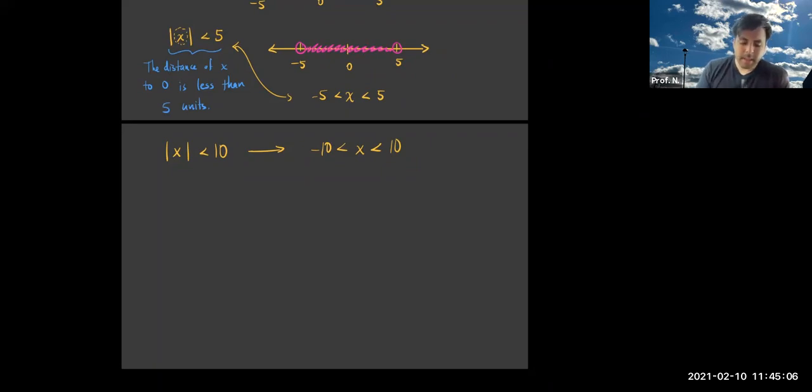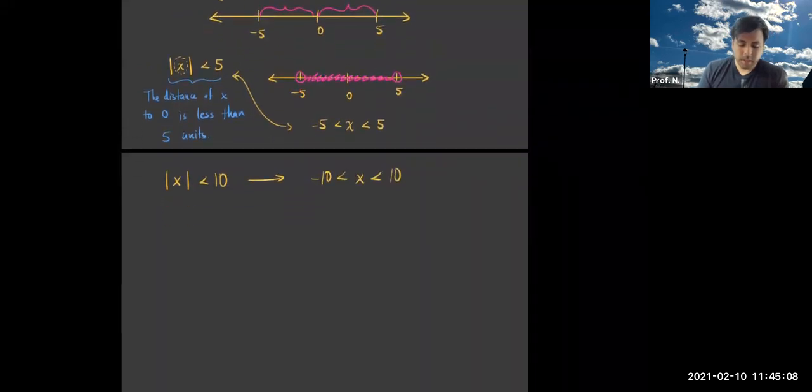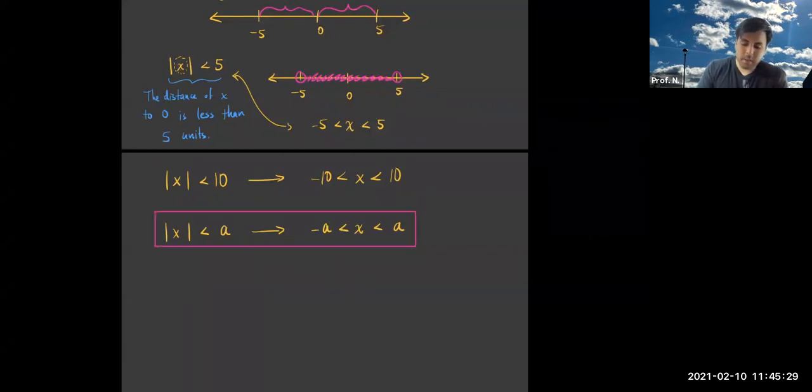So does everybody see that relationship? So if I do the absolute value of x less than another number, I'm going to call this a, a variable, then the equivalent compound inequality would be x is less than a, but greater than -a. So that's the general relationship. Replace this a value with any positive number, and you would always have this equivalent compound inequality.